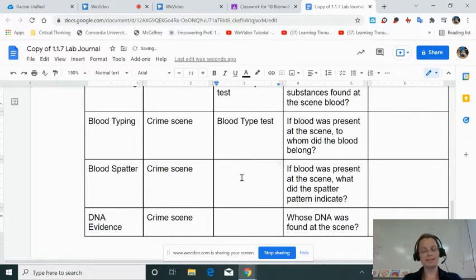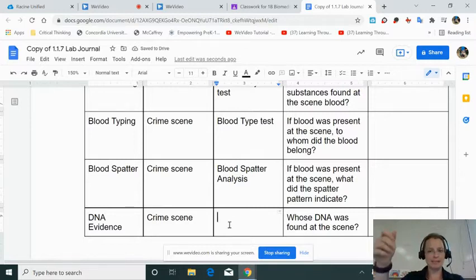Blood spatter analysis. And then DNA evidence, what we did, remember we put the samples in the gel and we ran an electric current through it. That's called electrophoresis. Okay, those were the tests we did. Those were the different labs we did through the course of Unit 1.1.